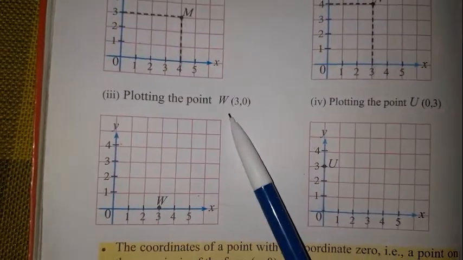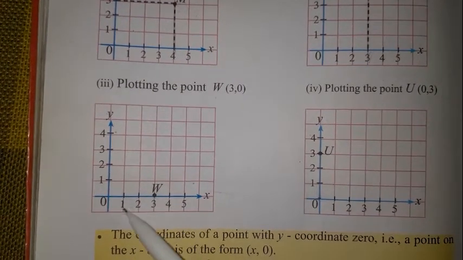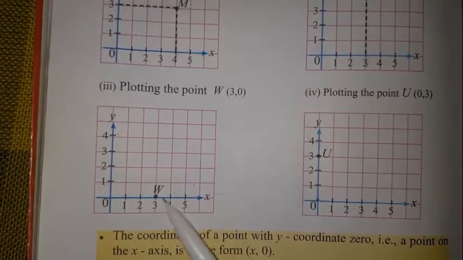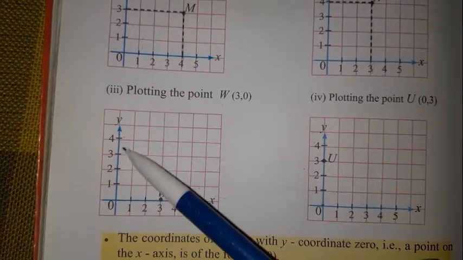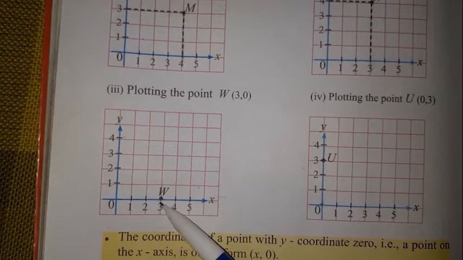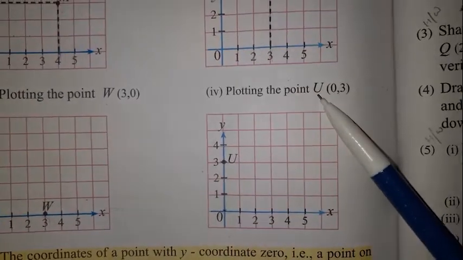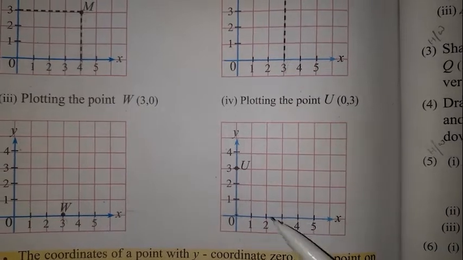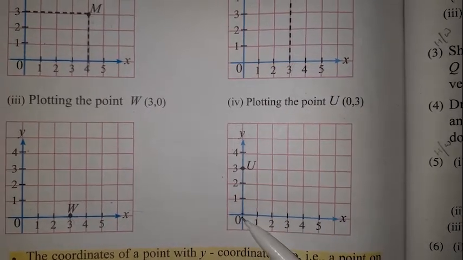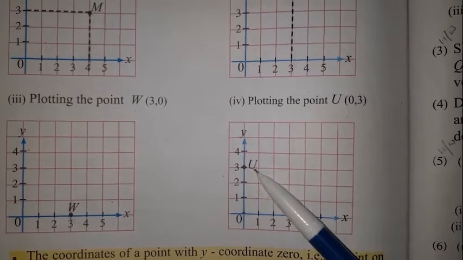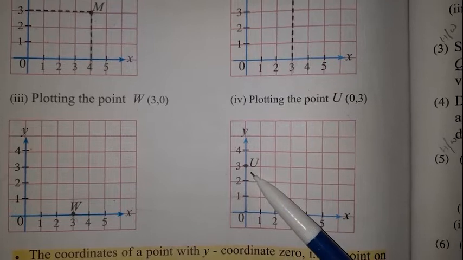Plotting the point W. Here you can see W. It's on x-axis 3, then the y-axis you can see 0. Plotting the point U. Here U. Here x-axis you can see 0, then the y-axis you can see 3.